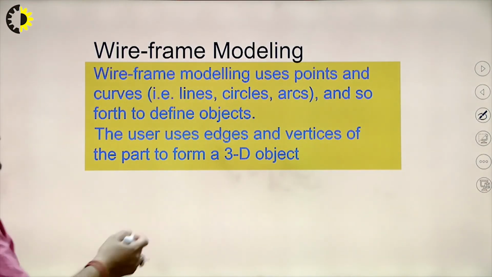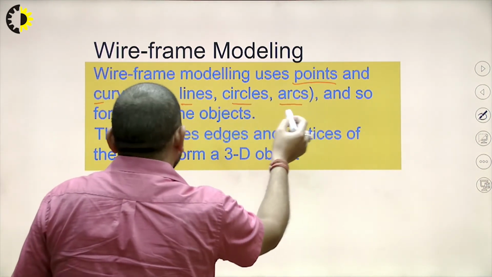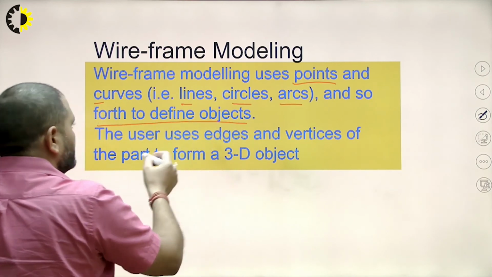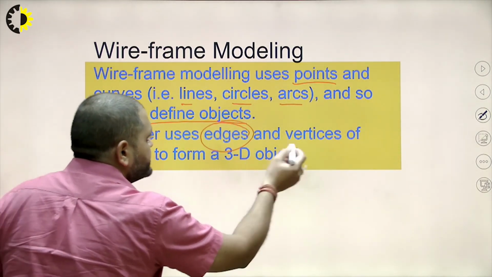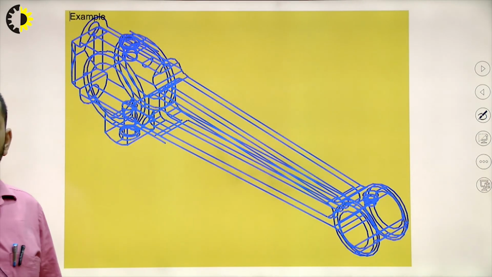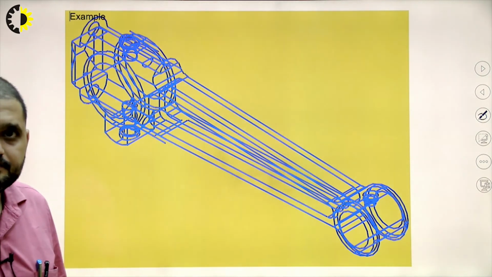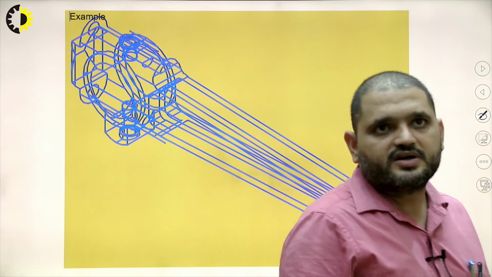Wireframe modeling uses points and curves, like lines, circles, arcs and so forth, to define objects. The user uses edges and vertices, that is the edges and corners of the part, to form a 3D object. So in this wireframe model you can only see curves, lines, points, that is edges and vertices.